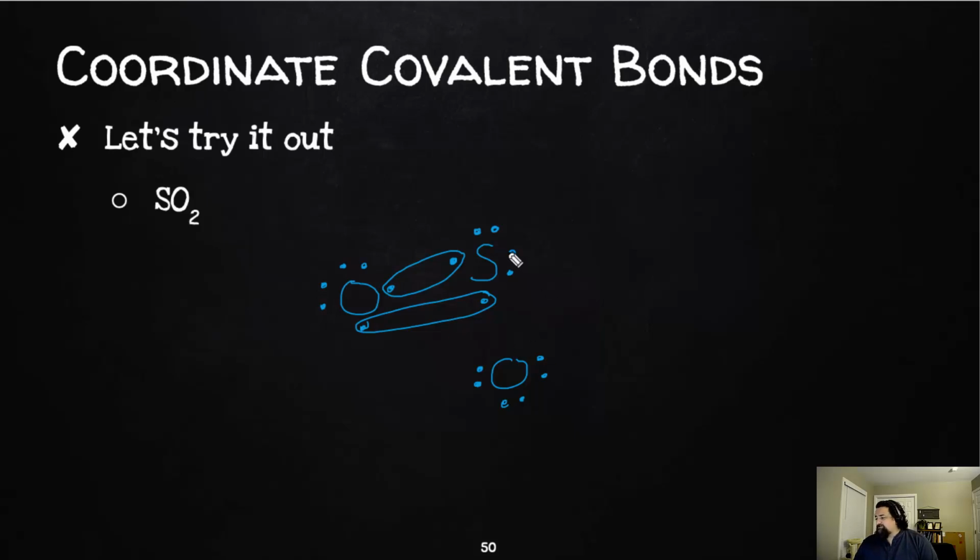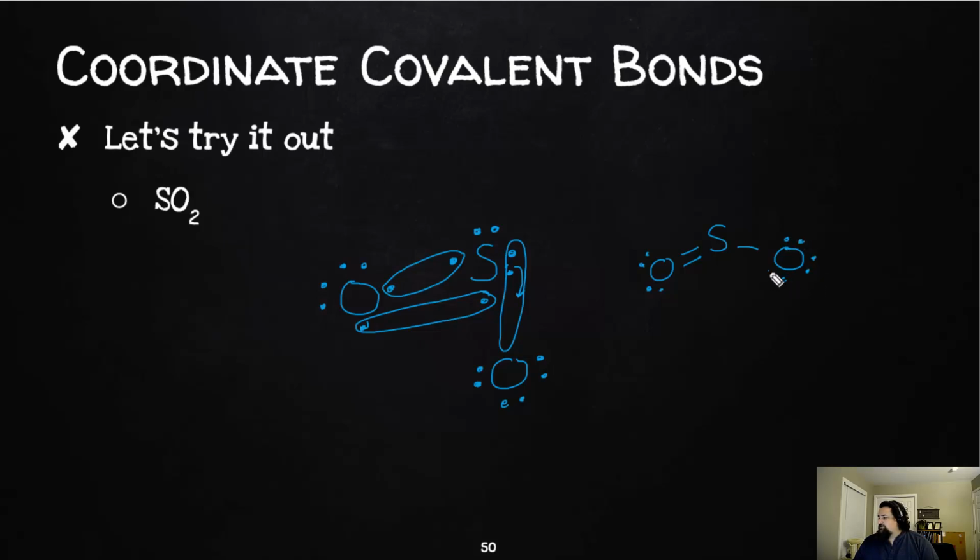And well, now sulfur can do its thing here. We can take these 2, put them in, and form a bond between a 2 and a 0. And when we redraw this, we have a sulfur double bonded to that first oxygen, and then single bonded over to this coordinate covalent oxygen.